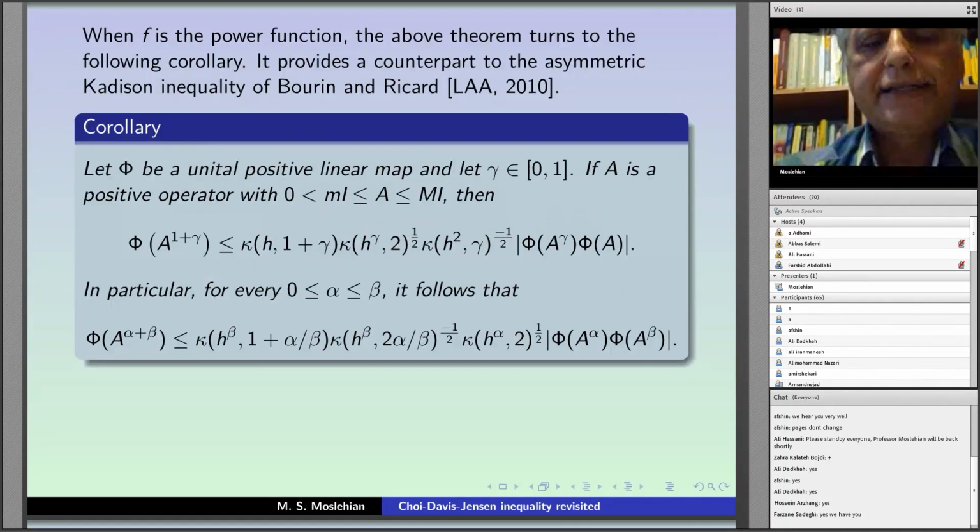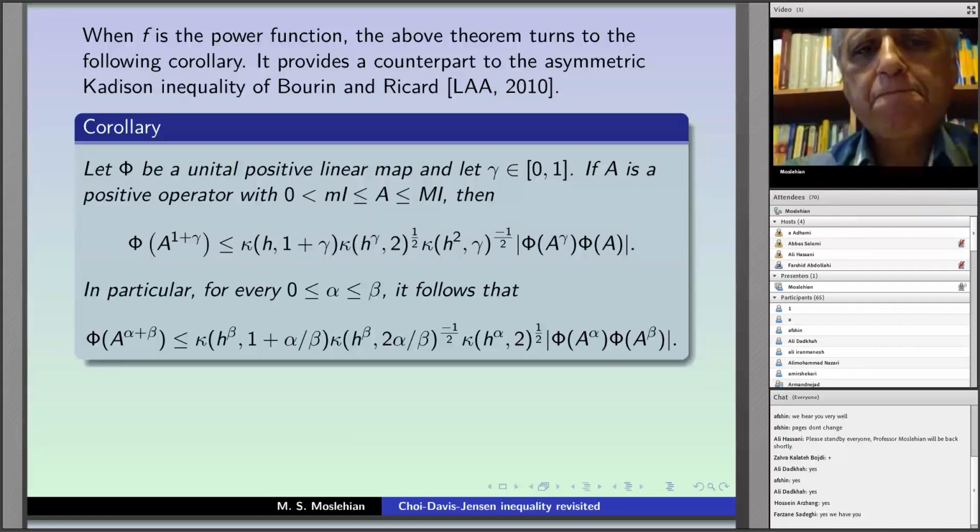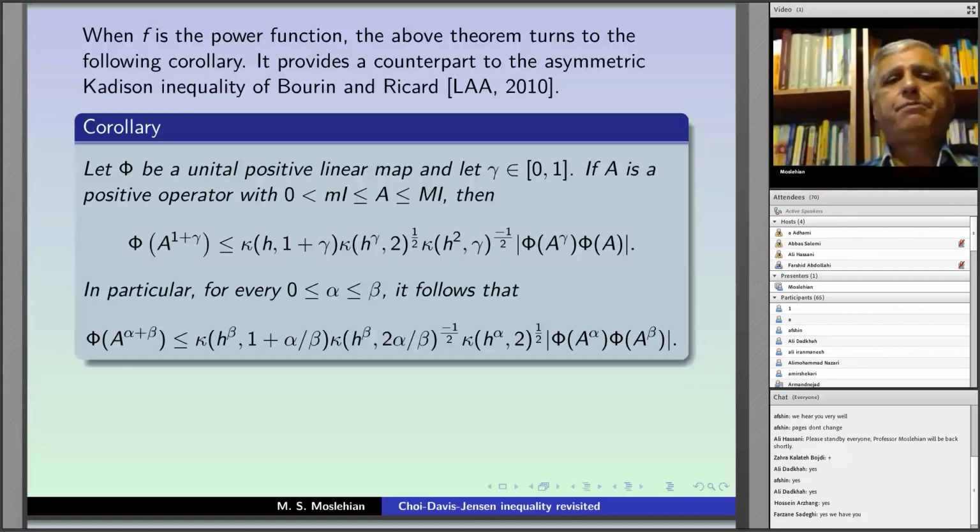It says that if phi is a unital positive linear map and gamma is between 0 and 1, if A is a positive operator such that A is between m and M, here again, the lowercase m should be strictly positive. This means that A is strictly positive or invertible.